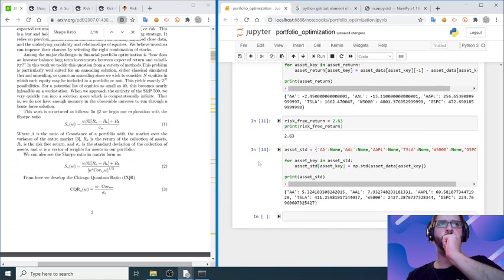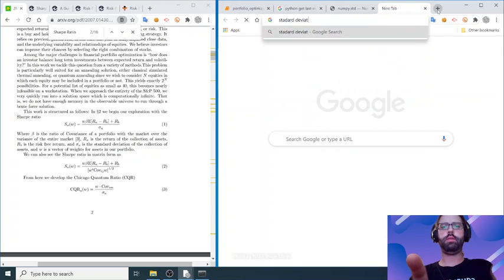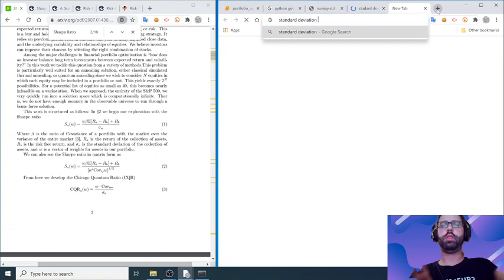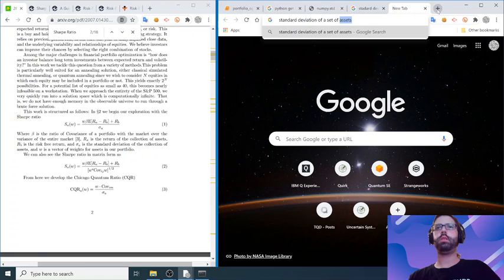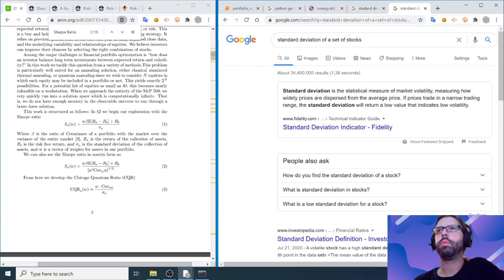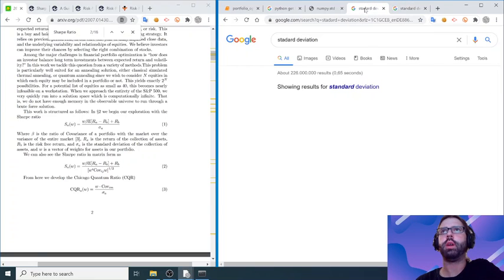And then the standard deviation of a set of assets, of a set of stocks. Is it just the STD of these, I guess?